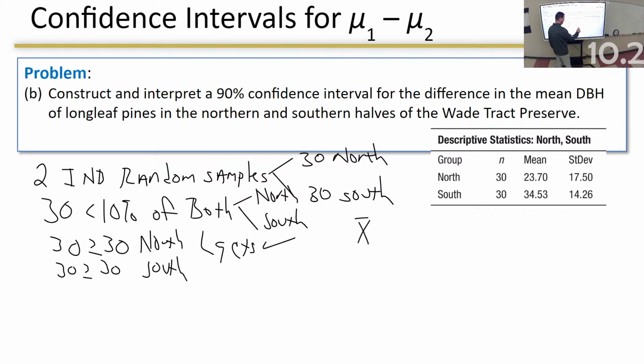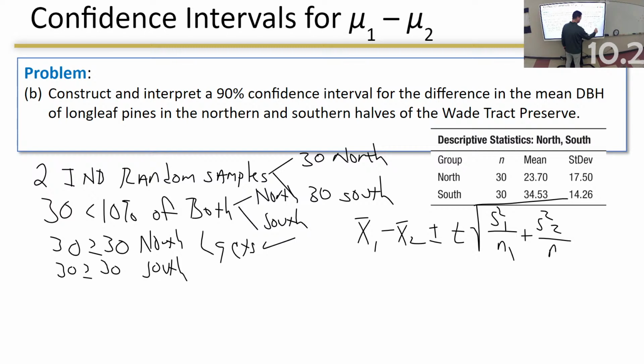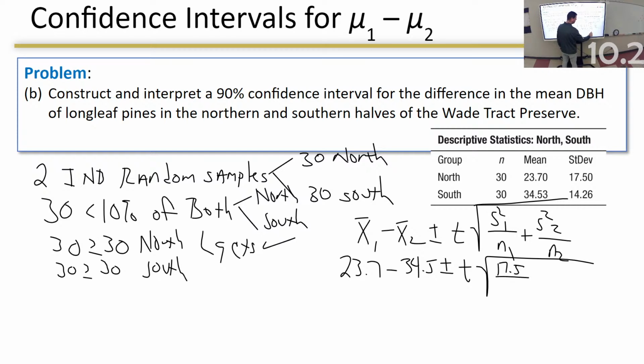X bar 1 minus X bar 2 plus or minus T times the square root of S squared 1 over n 1 plus S squared 2 over n 2. Plug and chug. 23.7 minus 34.5 plus or minus T times the square root of 17.5 over 30 plus 14.26.